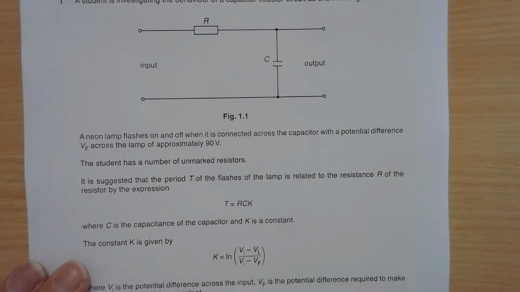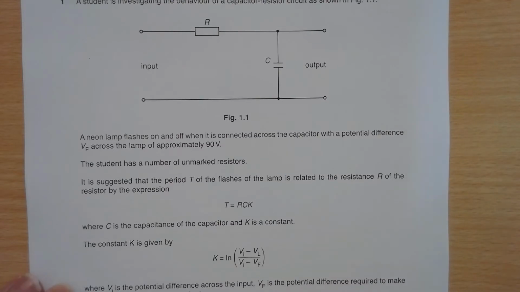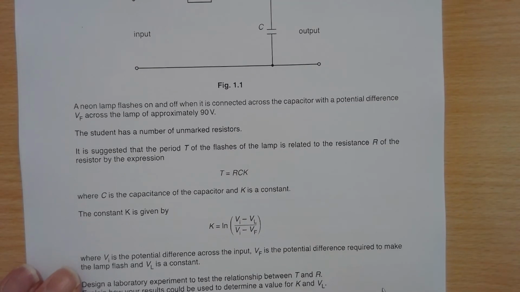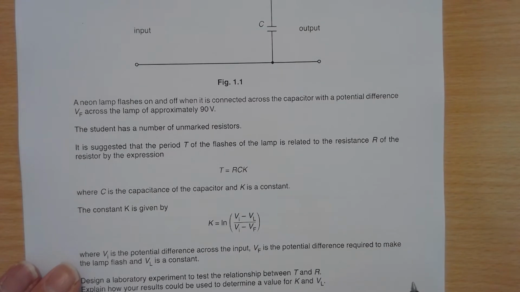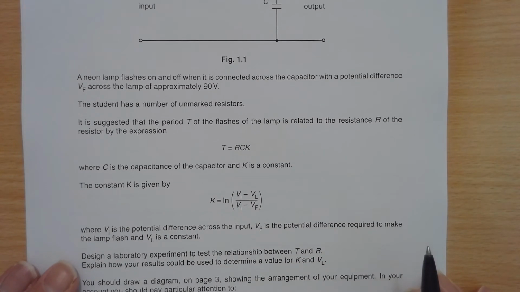The constant K is given by VI minus VL over VI minus VF, all in brackets, natural log of it, where VI is the potential difference across the input, VF is the potential difference required to make the lamp flash, and VL is a constant.